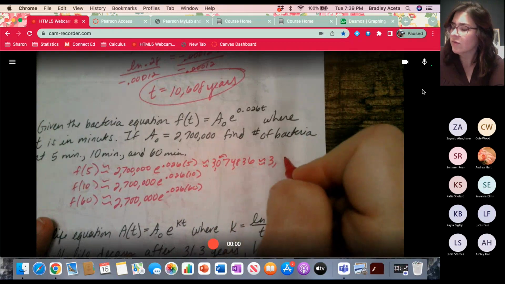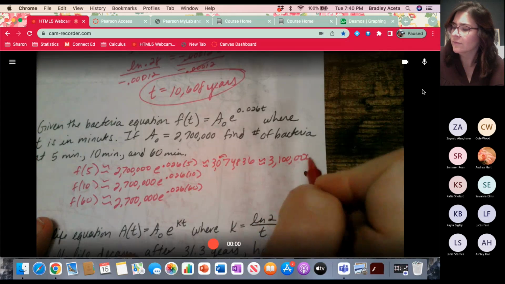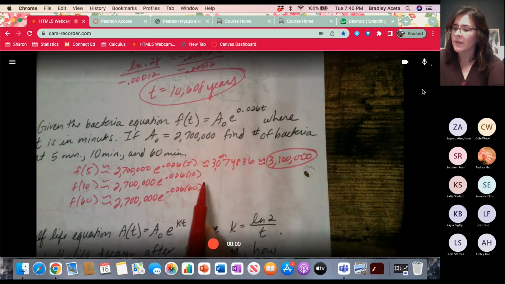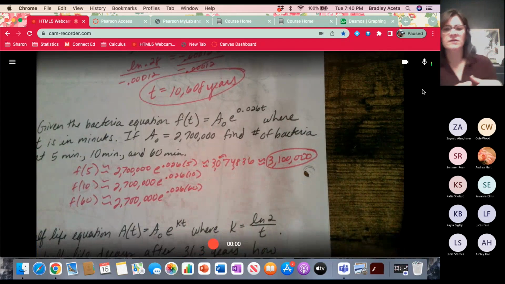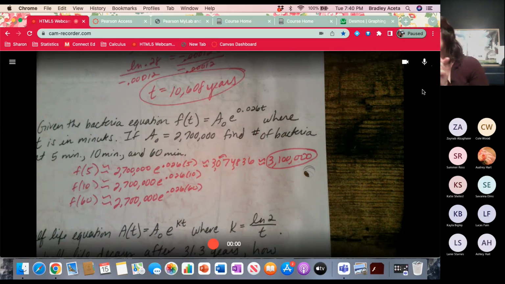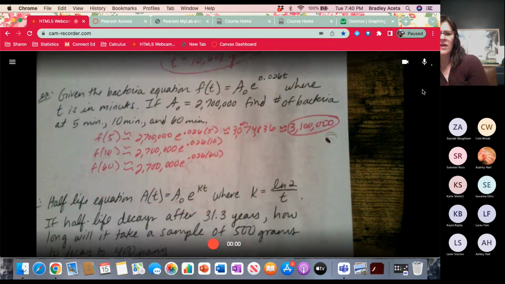So I have about 3,100,000 bacteria. And they're going to make you do that for all of these. So just be careful of your rounding, but it's pretty easy just to plug it into a calculator and go. That was the only one I thought was kind of unique. I was like, wow, okay, they're making you round to 100,000 as opposed to decimals.